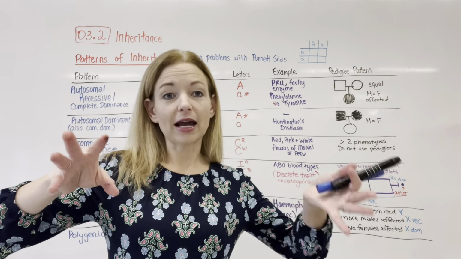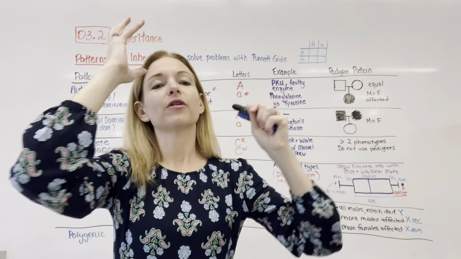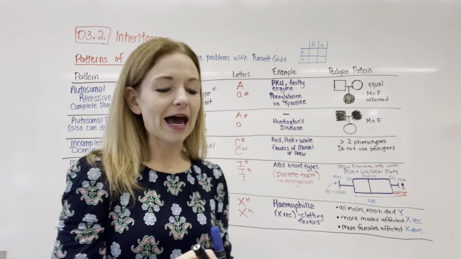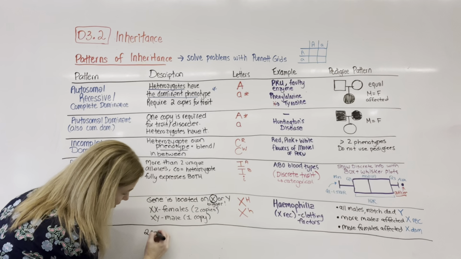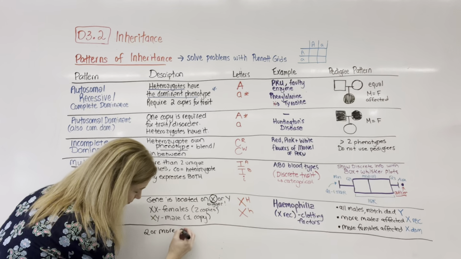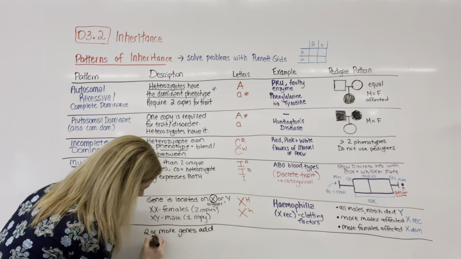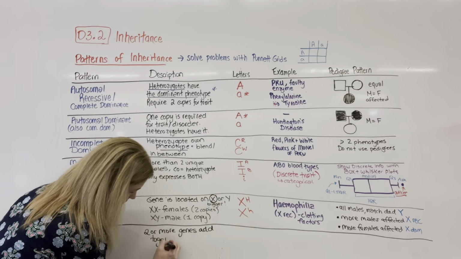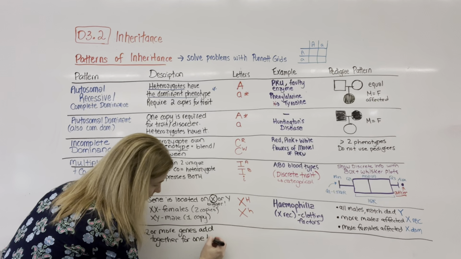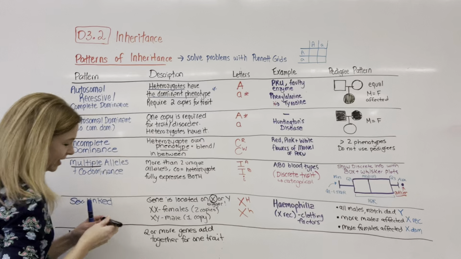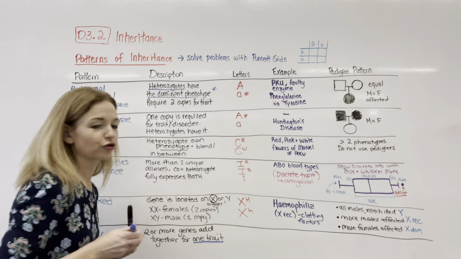When we go into dihybrids, we're looking at two different traits, so two genes, two traits. Here we're looking at more than one gene adding together for a single trait. So our key distinguisher here is that they're all working together on this single trait.